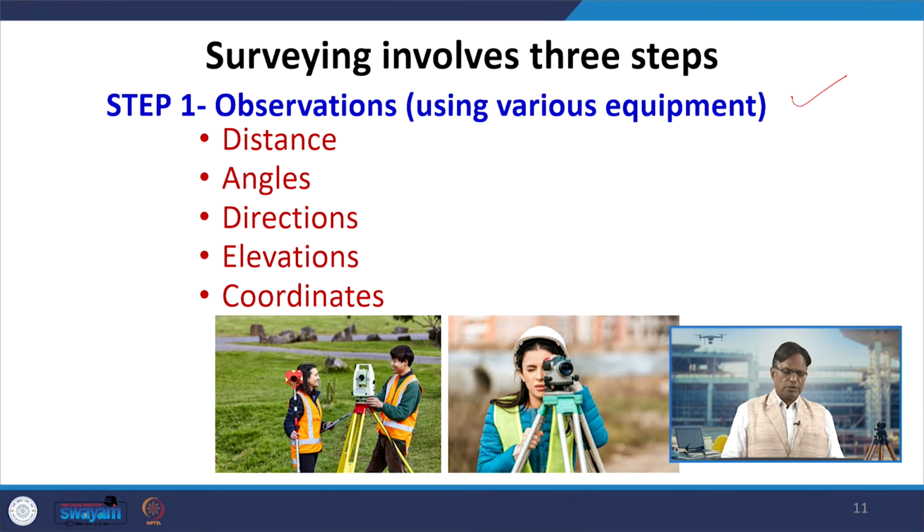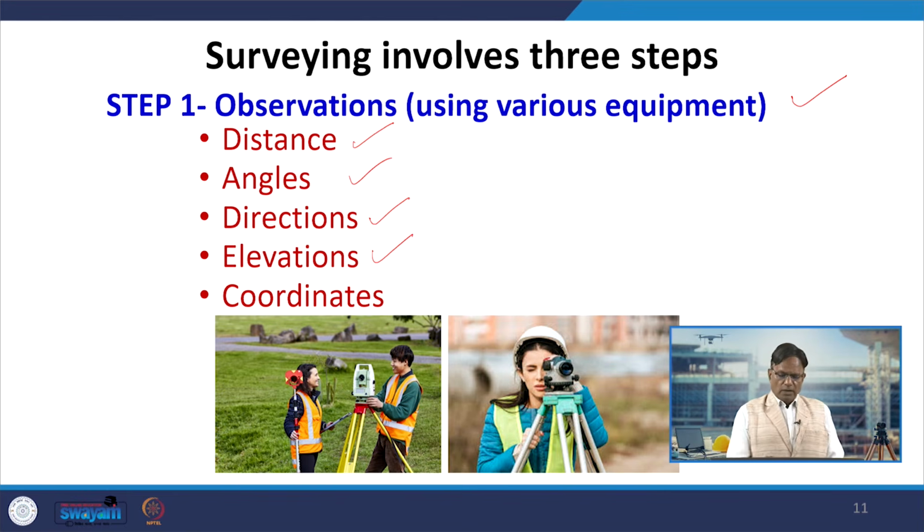We compute the distance between points, we determine the angles, horizontal as well as vertical. We determine the direction of the object with respect to the reference, which is the north direction. We calculate the elevations of various points with respect to a datum, normally called mean sea level, but nowadays we are using the WGS 84 datum when we carry out GPS related activities.